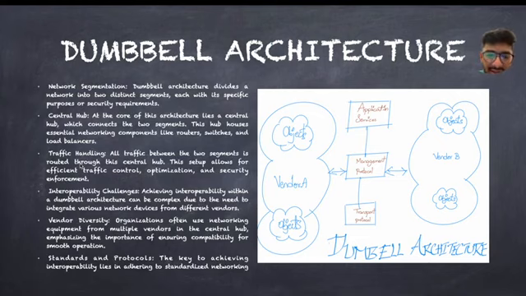And vendor diversity: organizations often use networking from multiple vendors in the central hub, which emphasizes the importance of ensuring compatibility for smooth operations. All of these application services, management protocols, and transport protocols can be given by different types of vendors.